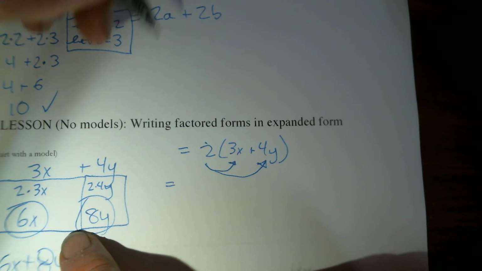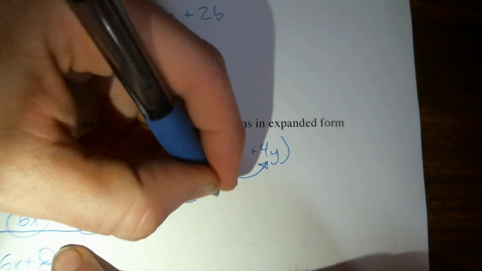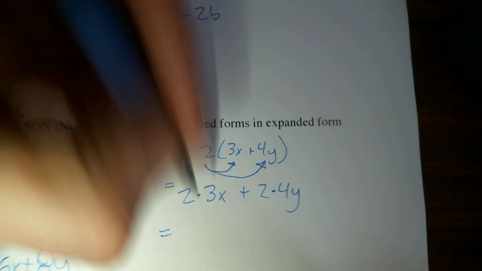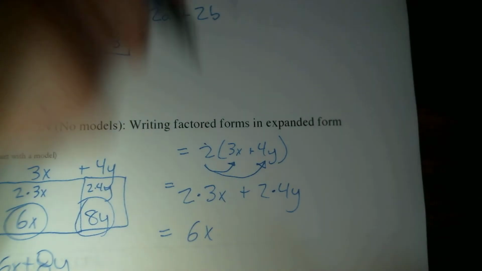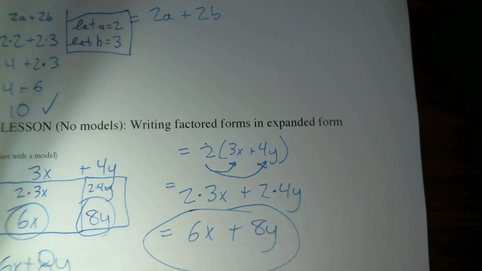I don't really have a name for that, but I guess you could come up with something fancy. But it means 2 times 3x plus 2 times 4y. So here I could say 6x, 2 times 3 is 6, plus 2 times 4 is 8y. So there we go. That's what we got. We can get this simplified down into expanded form using that.